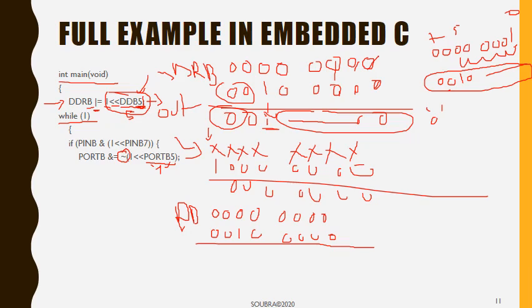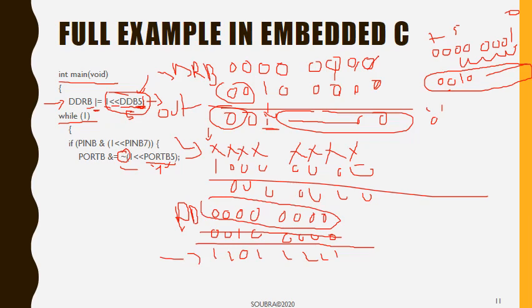So instead of having zeros here, let me do that, it will be better. Instead of having that, I'm having 1, 1, 0, 1, 1, 1, 1. This is because of the negation, the NOT. And then I'm ANDing whatever I have here to the original value of the port.